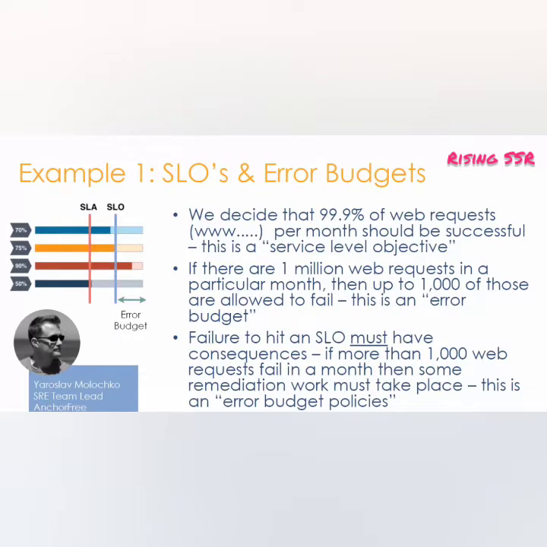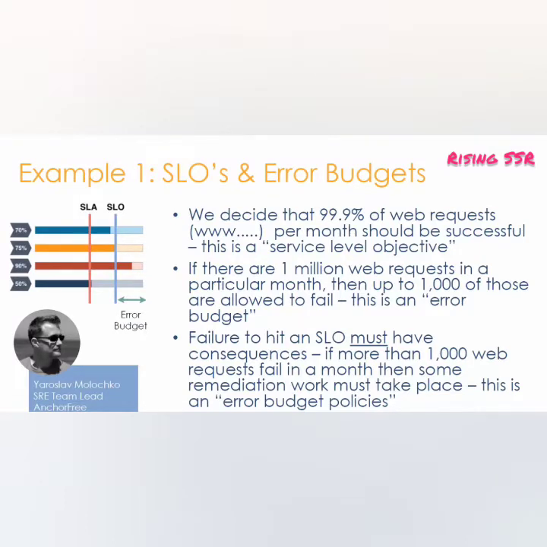So if you have 1 million web requests coming in a 1 month duration, it means that you are allowing the system that as long as the failure is 1000, which is 0.1%, or less than 1000, you are okay. You don't need to worry about it, right? That is what is called an error budget.